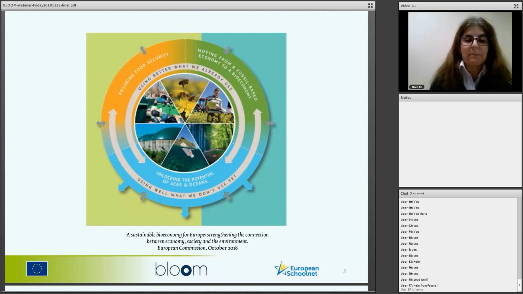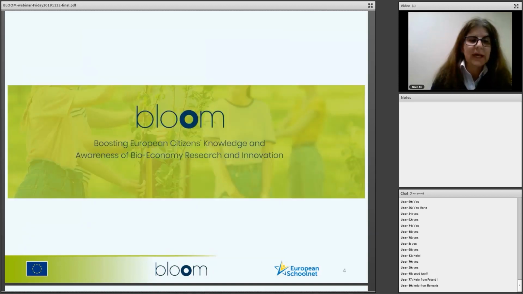An economy based on biomass has great potential to mitigate climate change and reduce our dependence on fossil fuels. To be successful, the European bioeconomy needs to have sustainability and circularity at its heart. But first, citizens must know what bioeconomy is. And so Bloom was born.